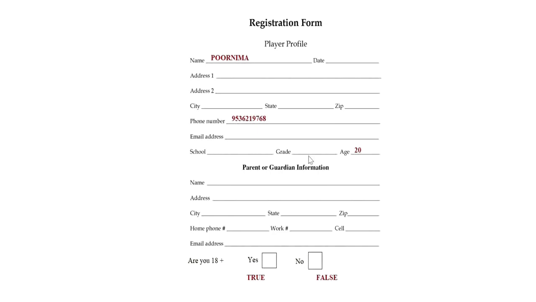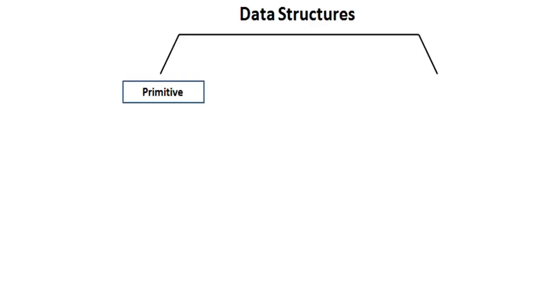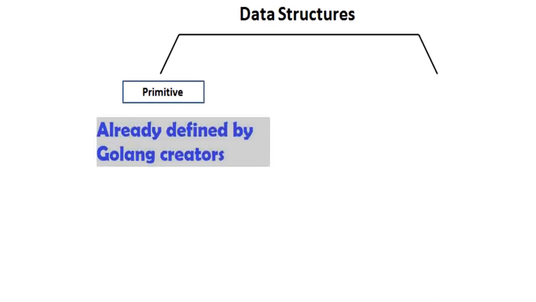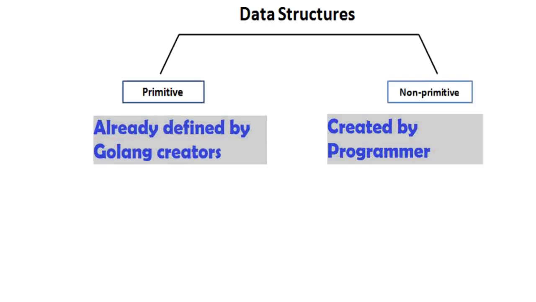In a similar way, we work on multiple data types in any programming language. In Go language, data types are divided into two categories. First is primitive, second is non-primitive. Primitives that are already defined by Golang creators, and second non-primitives that we programmers create in our program.